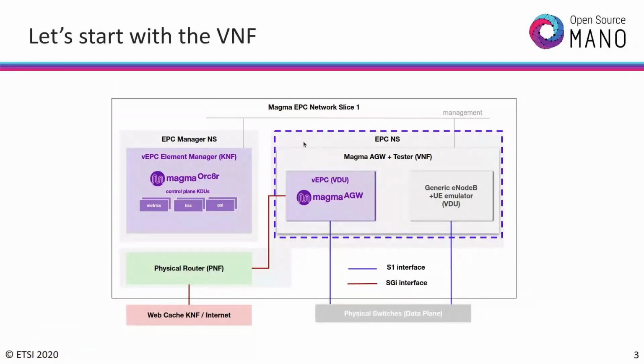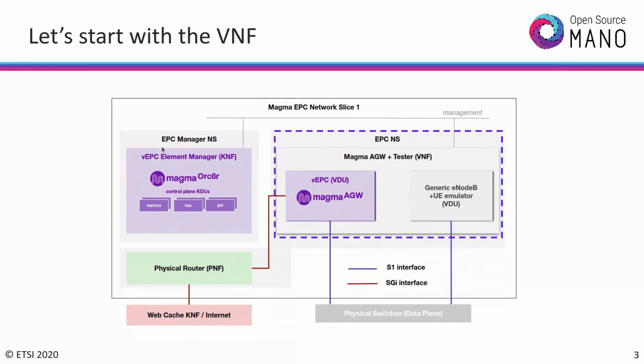Later on, we will add a PNF, which is a router, to build a hybrid network service built from a VNF and a PNF. So these two will build a hybrid network service called the EPC network service.